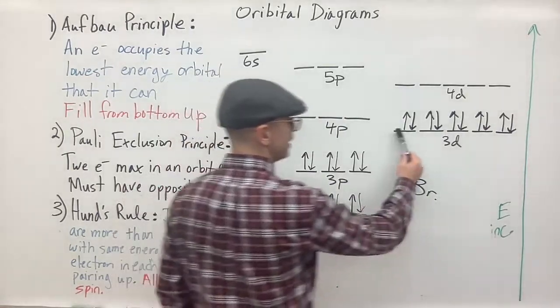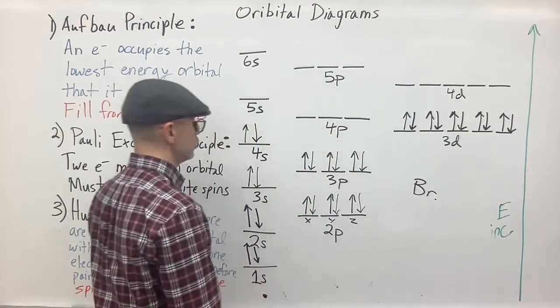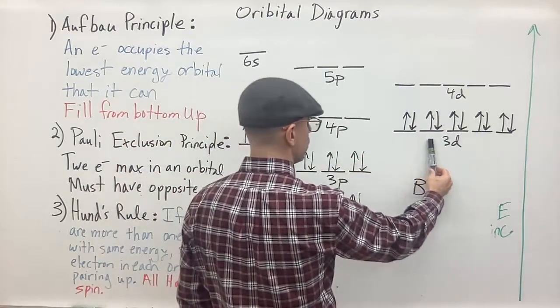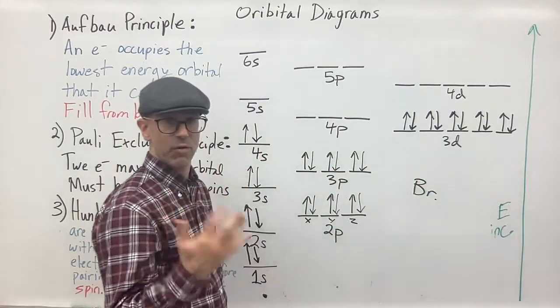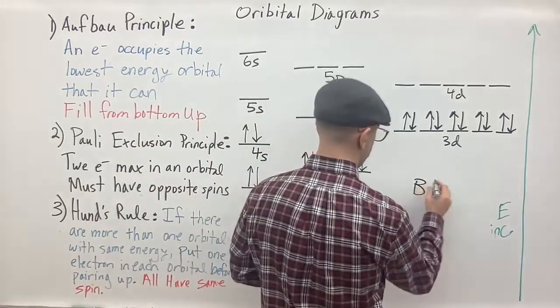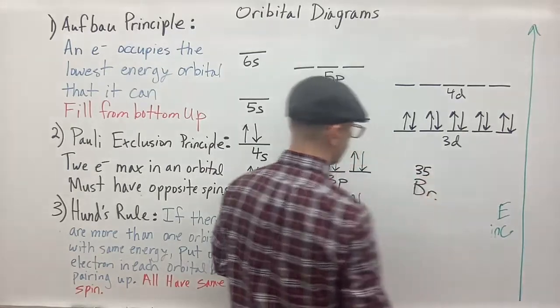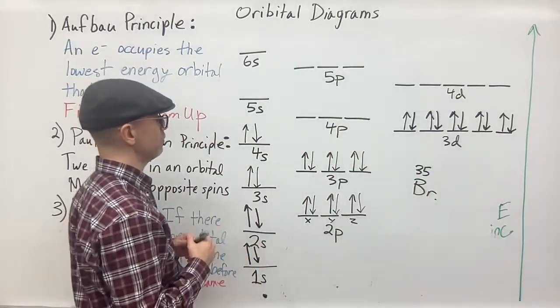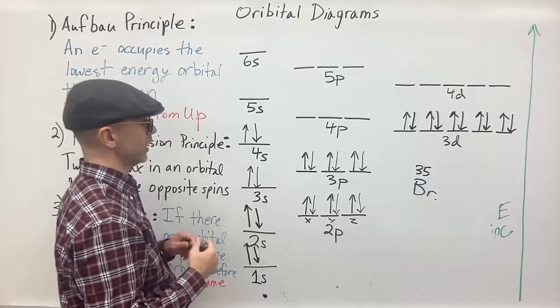So that's 10 electrons in there. We had 20, now we put 10, that's 30. We have 5 more electrons because bromine is number 35 on the periodic table. So we have 30, now we need to fill in 5 more electrons.